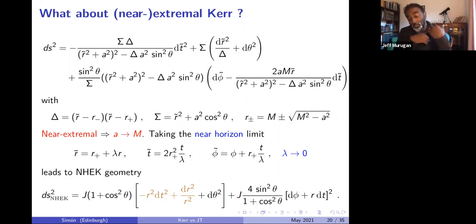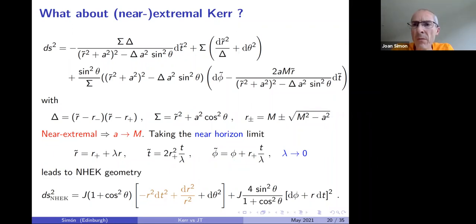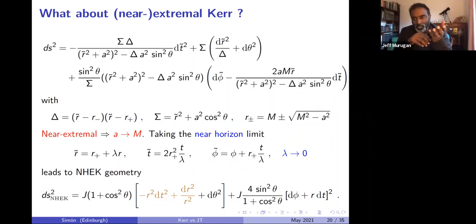But the point you're making is that locally all solutions of JT gravity are diffeomorphic to AdS2, but of course it's the dilaton in the multiplet that allows you to have different solutions, right? Yes. And that's what you're looking for.